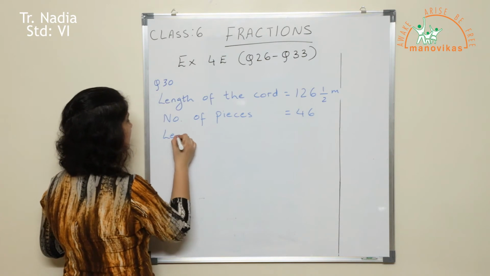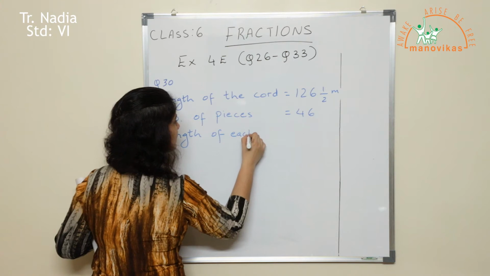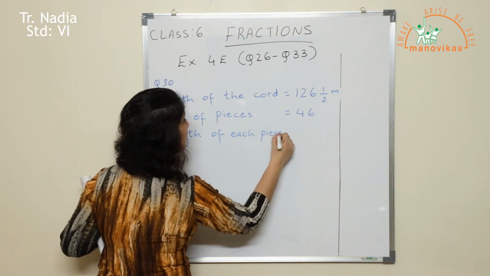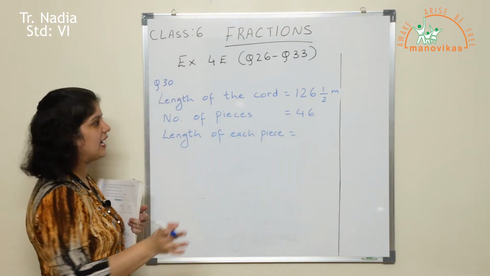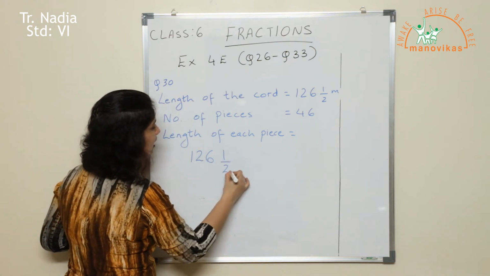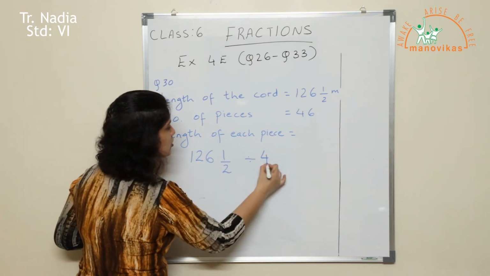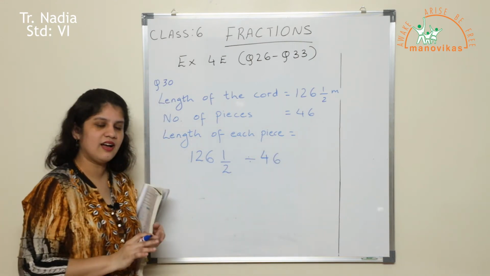You have to find the length of each piece. Okay, now to find the length of each piece also, I have to do length of the cord, that is 126.5 divided by the number of pieces. So when I do this division, I will get the answer.